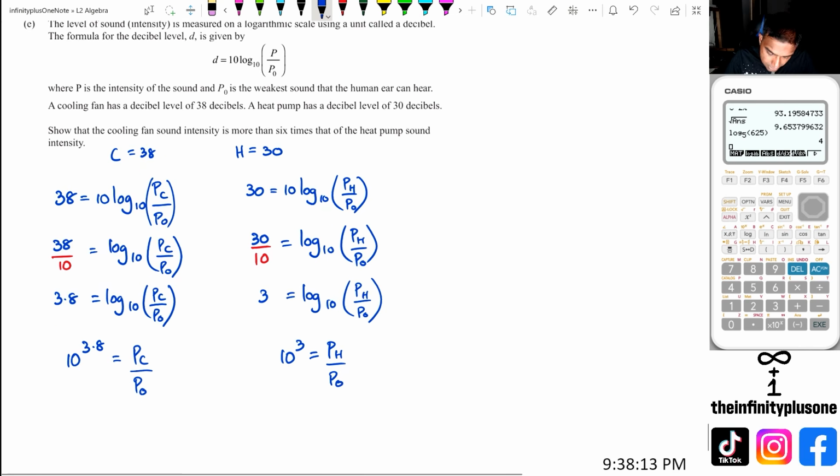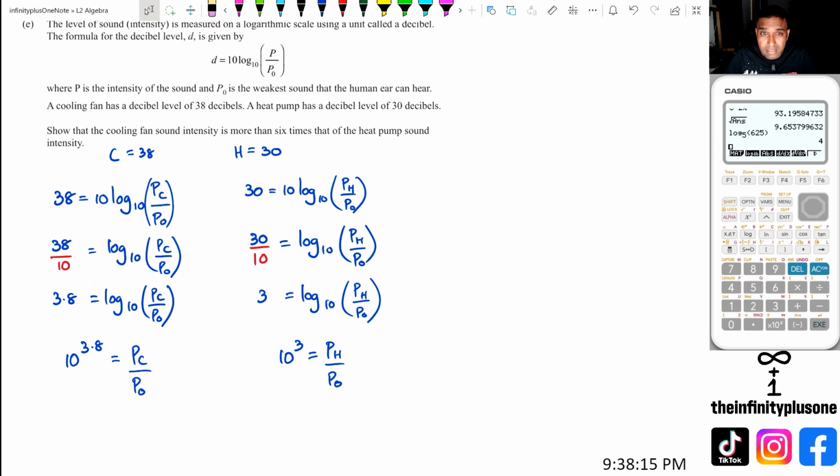So we wanted to actually do PC divided by PH and see if it's actually more than 6. But we've got PC as P naught times 10 to the power of 3.8. And then on this side, we're going to get PH = P naught times 10 to the power of 3. So once we get this, we're going to put down the intensity for the cooling fan divided by the intensity of the heat pump.